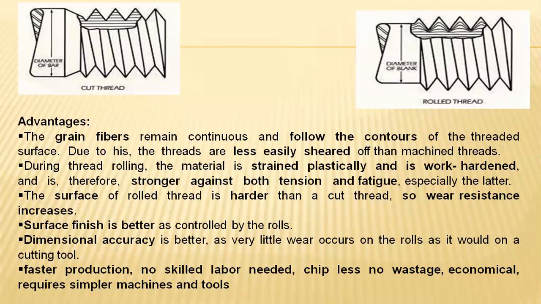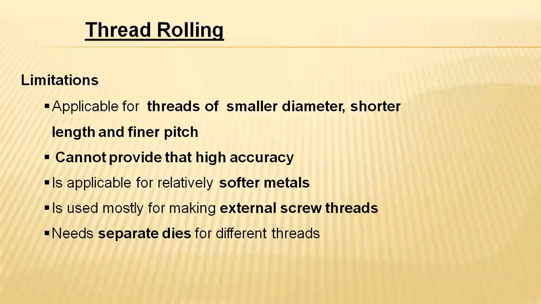No skilled labor is required for operating this. This is chipless. There is no wastage of material removed during the machining process. It is very economical and requires very simple machine tools and simple machines also.